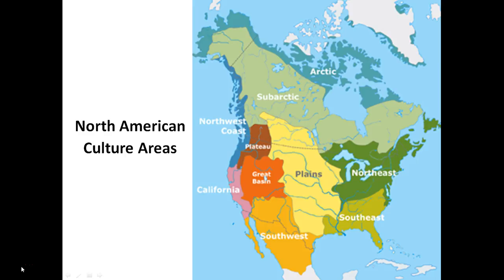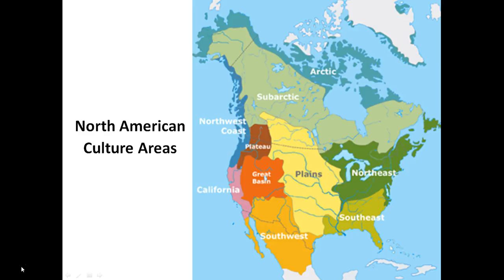This map shows some of the broad culture areas that are found in North America, areas within which there were general cultural similarities because of shared adaptations to similar environments. So in the Southwest, you had village farmers who grew corn, beans, and squash and had specific technologies that allowed them to adapt to these arid environments.